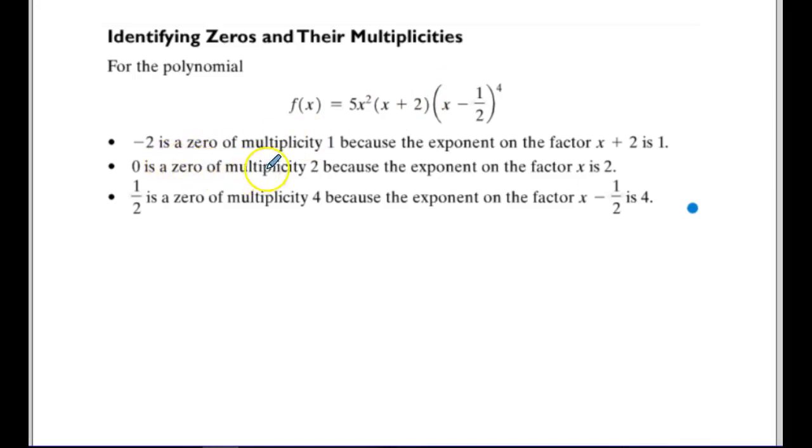Okay, 0 is a zero of multiplicity 2, because the exponent of my 5x squared is 2. And so my r value right here would be 0, because it's x minus 0 squared. So 1/2, my x minus r, so my r is 1/2, is a 0 of multiplicity 4, because I have that exponent there.